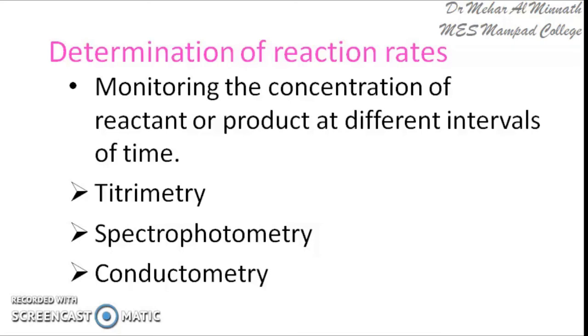In titrimetry, you will be carrying out titration. In spectrophotometry, you will be monitoring the change in color. In conductometry, the change in conductance will give us the concentration of ions, and so on. So you can use any method of determination of the concentration of the product or the reactant, and using that value, we will be plotting a graph.